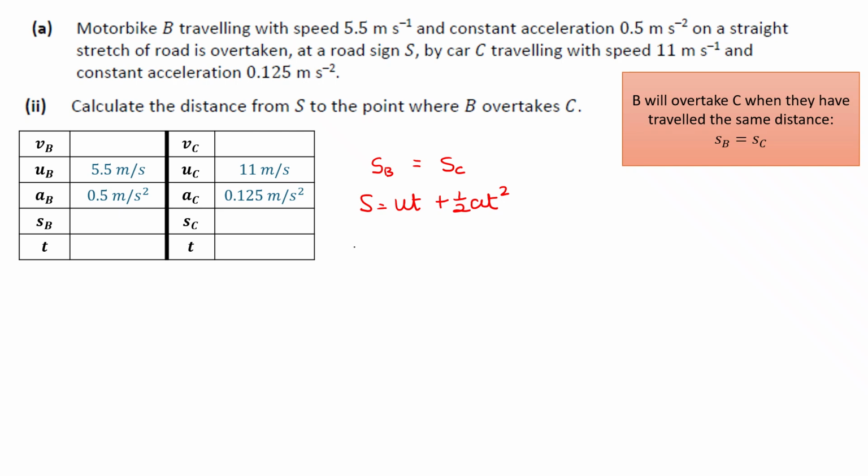For B, that's going to be 5.5t plus a half at squared, is equal to, for C, 11t plus a half at squared. We're now going to be able to solve that to figure out our time, and then use that time to get the distance.